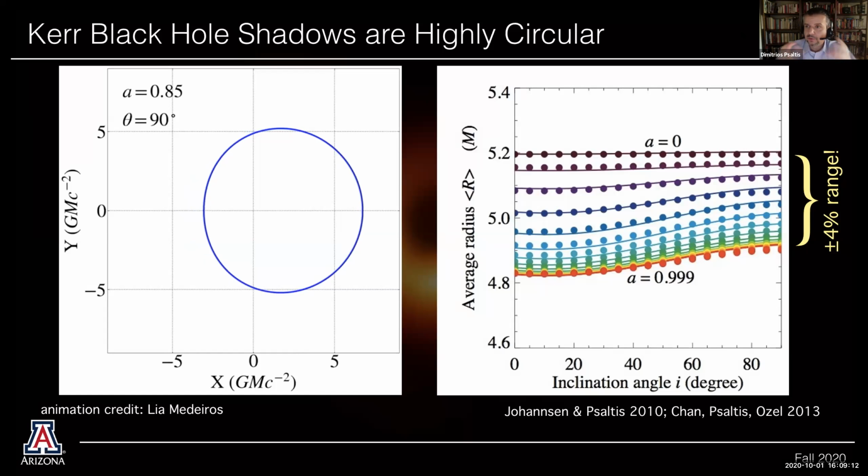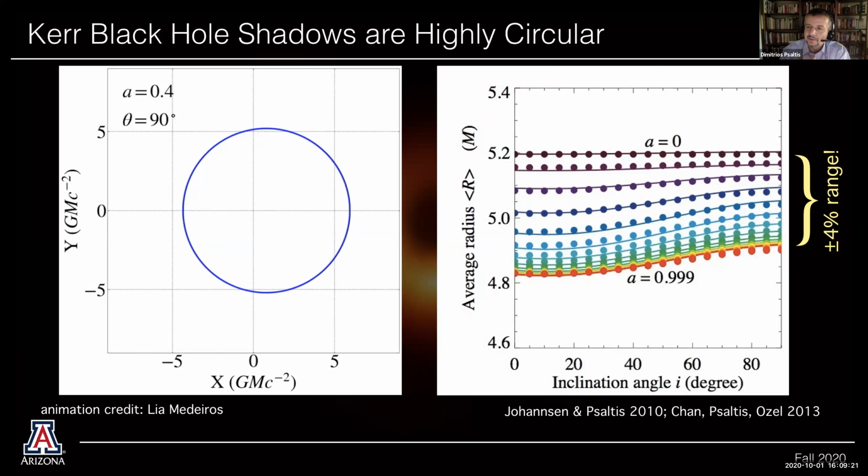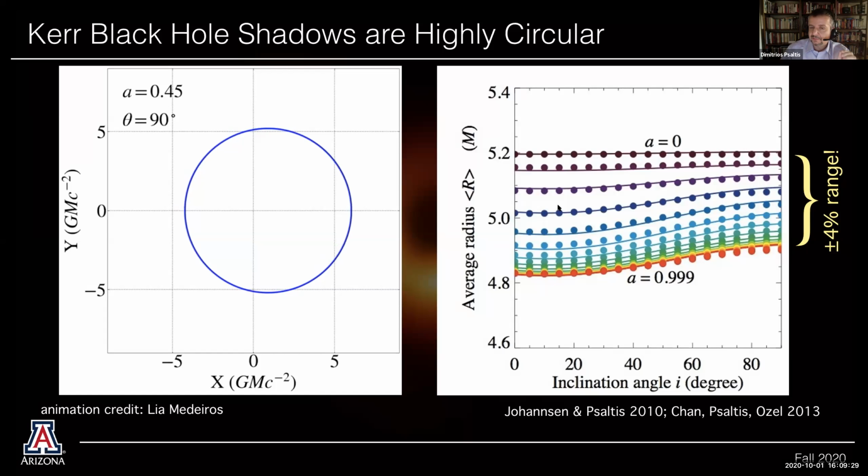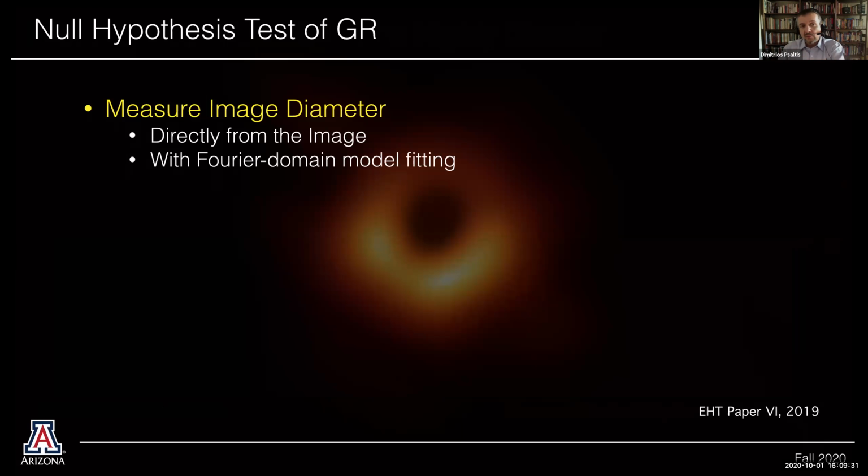You cannot say, oh, I'm looking at a different orientation. Things that we usually have to worry about when we're dealing, for example, with orbits of binary stars and things like that. Neither the spin nor the orientation matters. So this is where we're going after. We have a parameter-free prediction of the Kerr metric. So how do we compare it with the data?